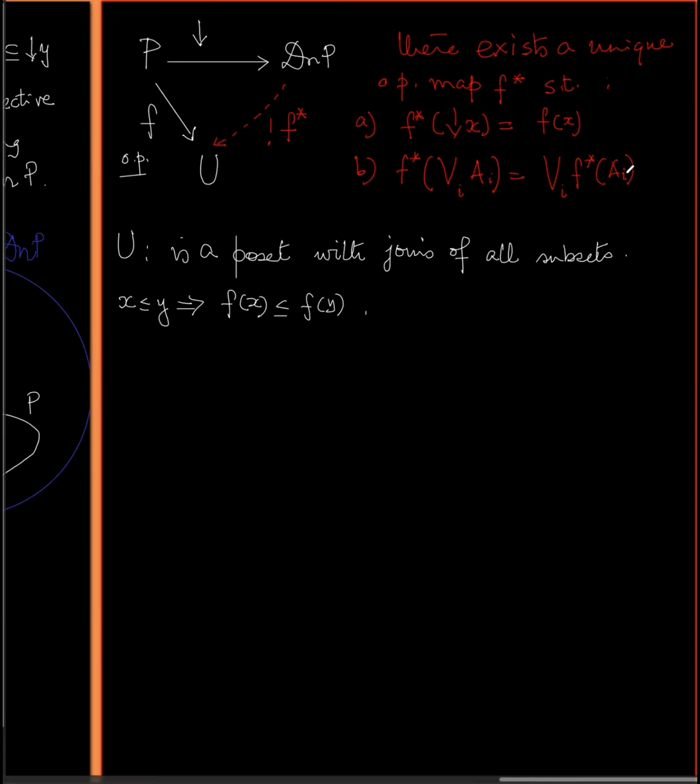So F star preserves the joins. So it's a join preserving map. And the proof of this, I will just sketch.